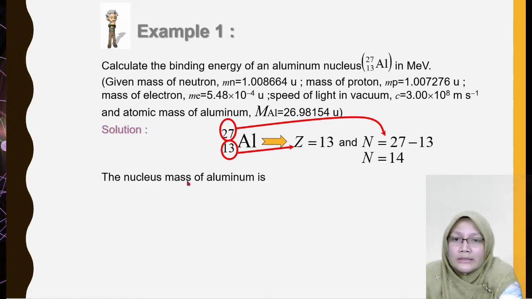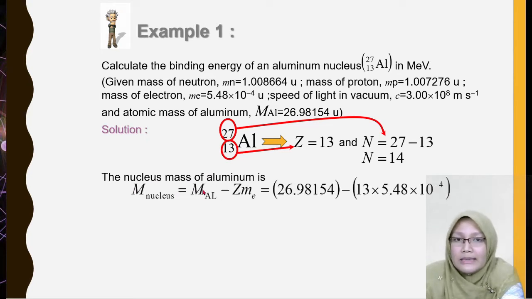Okay, the mass diberi dekat sini adalah atomic mass of aluminium. Kita nak nucleus. Kalau atomic mass, dia include sekali dengan mass of electron. So atomic mass of aluminium minus Z Me. Z is bilangan of electron, sama dengan bilangan of proton, 13, tolak dengan mass of electron.